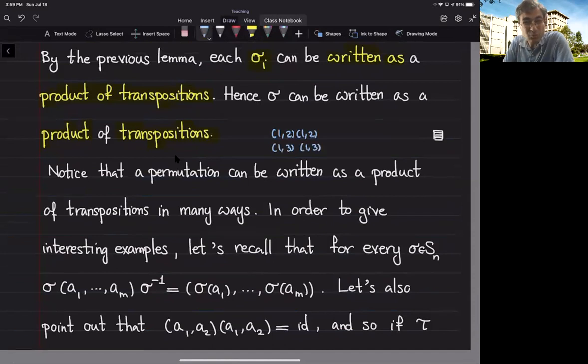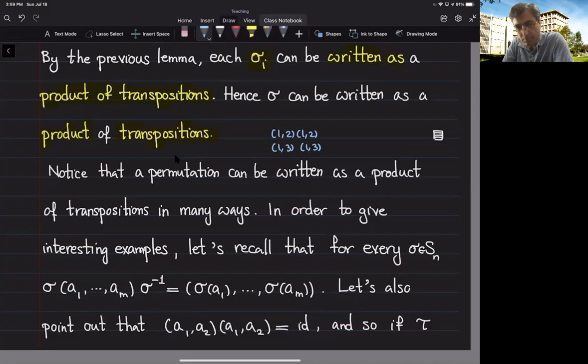in a redundant way. And you can say, okay, maybe we can formulate a statement that says two consecutive transpositions should not be the same. But this is not the only issue. We can write down a permutation as a product of transpositions in different ways.